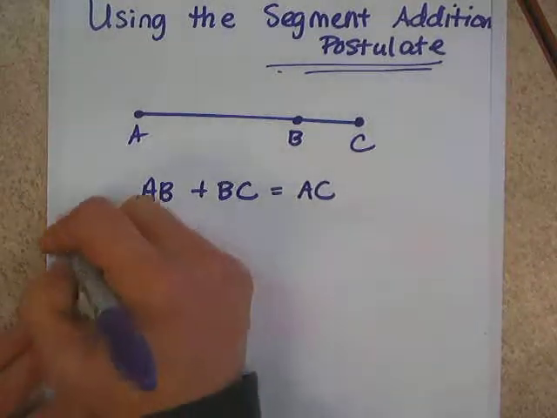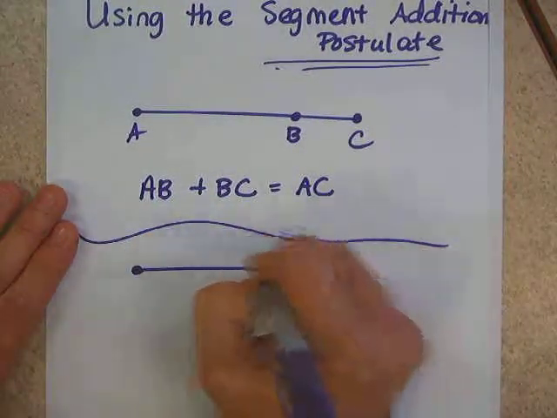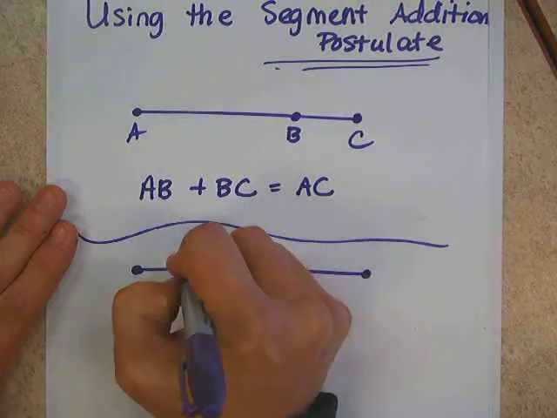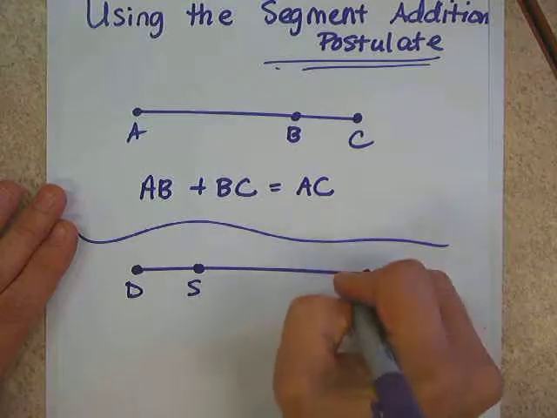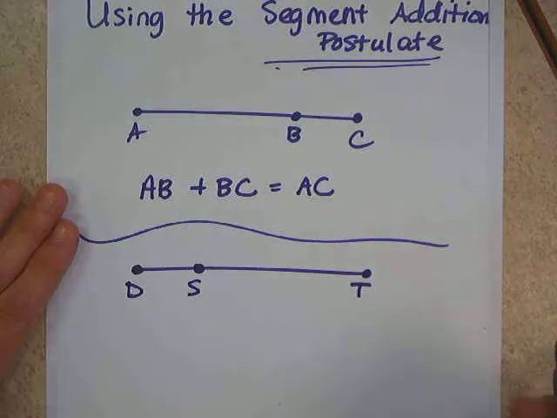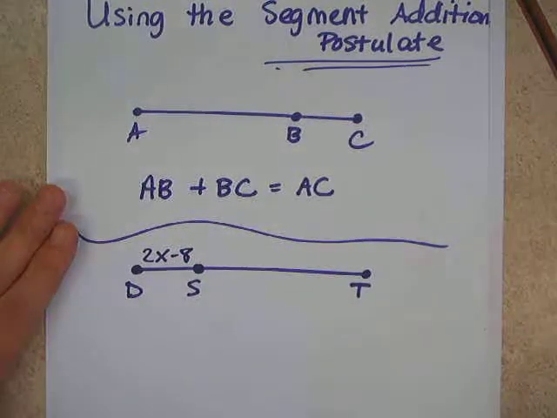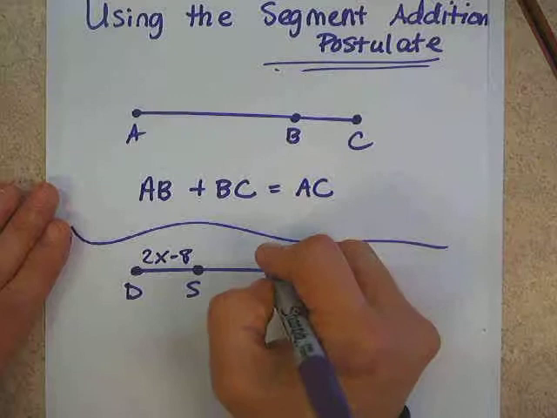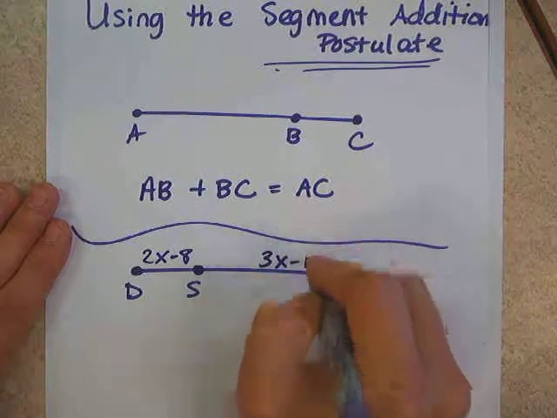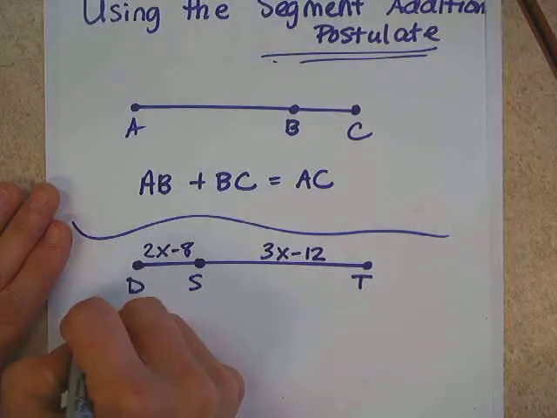How this comes into play, you will have something that looks like this. DS will be a length of 2x minus 8. ST will be a length of 3x minus 12.